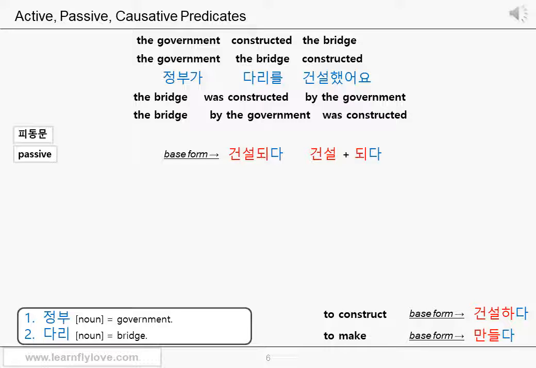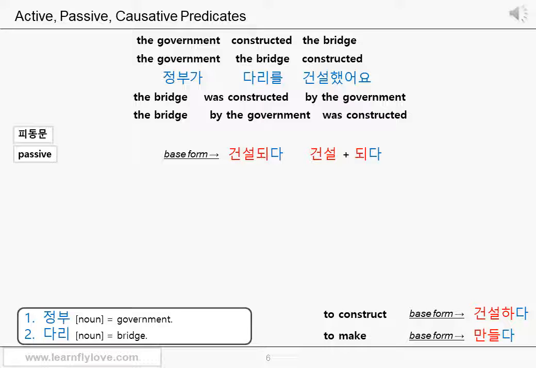So it is not surprising that this 되다 sound turns certain verbs into the passive voice. But it's not like you can add 되다 to any verb that ends in 하다 to turn it into the passive form. It depends on verbs. That's why these passive and causative things are so difficult. You have to memorize the passive verb 건설되다 separately besides the active verb 건설하다.